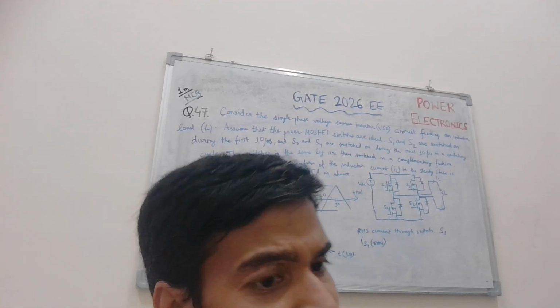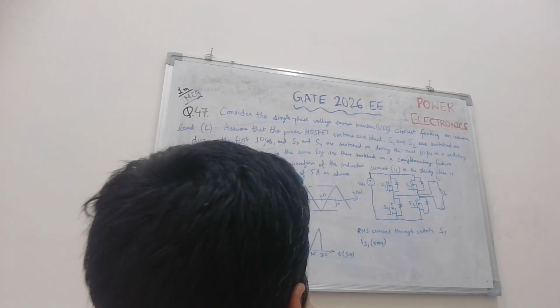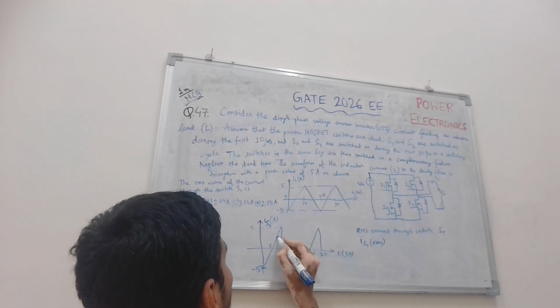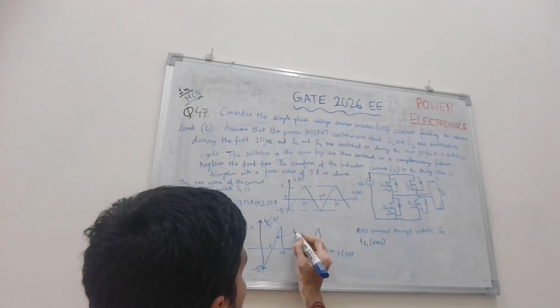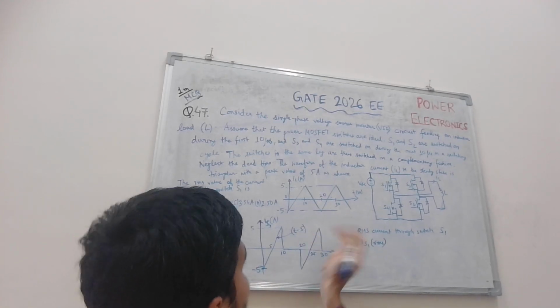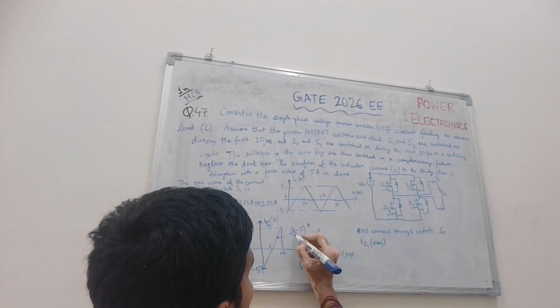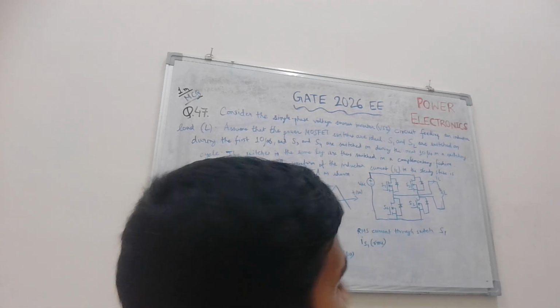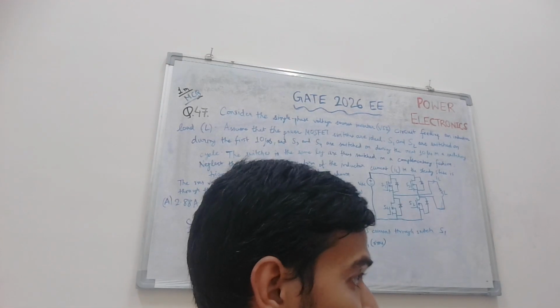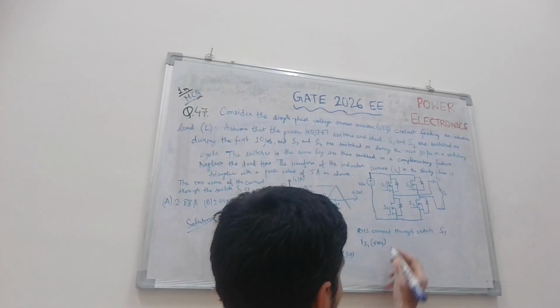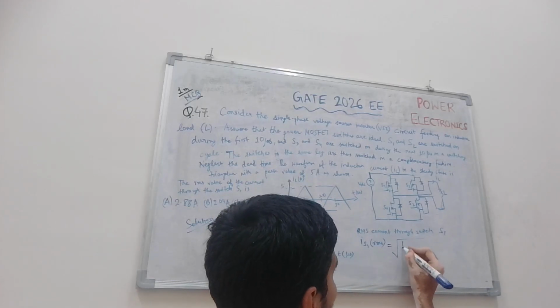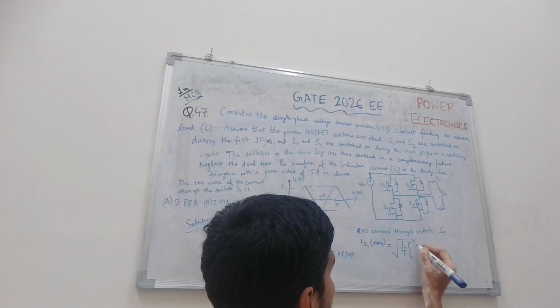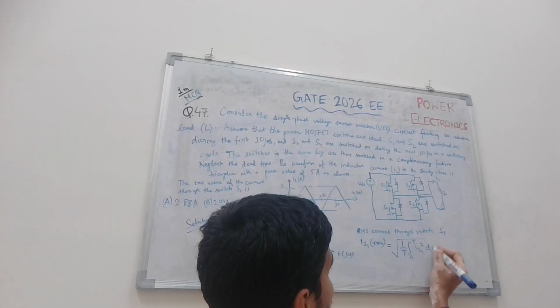For the first 10 microseconds, we can write the equation of this as t minus 5 in amperes, if t is in microseconds. Right. So using the definition of RMS value, we can write square root of 1 by T integral 0 to T of IS1 square dt.